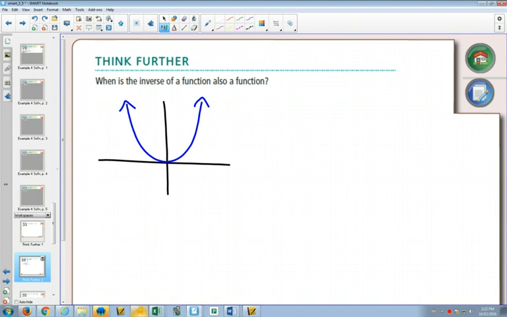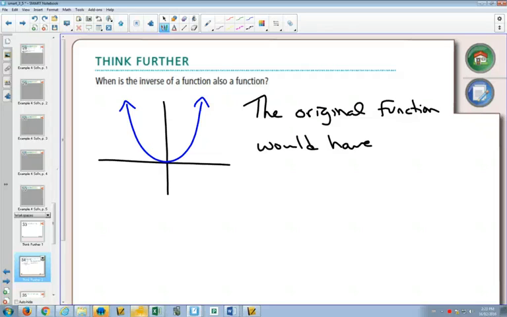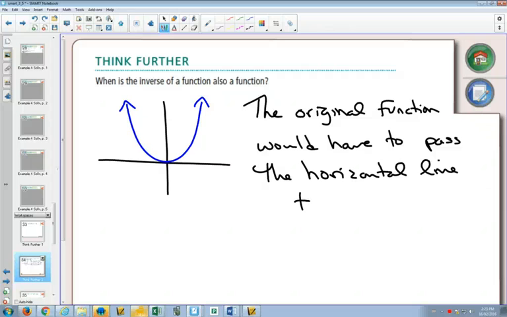So if you sort of turn this, yeah, there it is. So the original function would have to pass a horizontal line test.